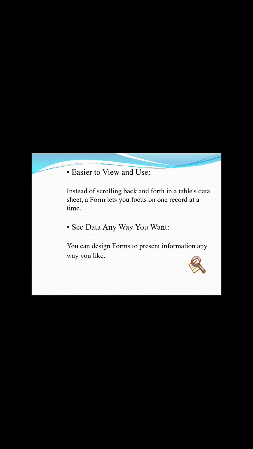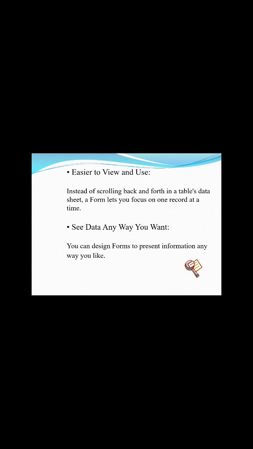For that you have to insert different controls like labels, text boxes, the image section, and different command buttons to add record, to delete record, to find record. So these command buttons, label, text box, combo box, radio button, these are the controls. So in layout view you can change the appearance and the size of the various controls of a form.